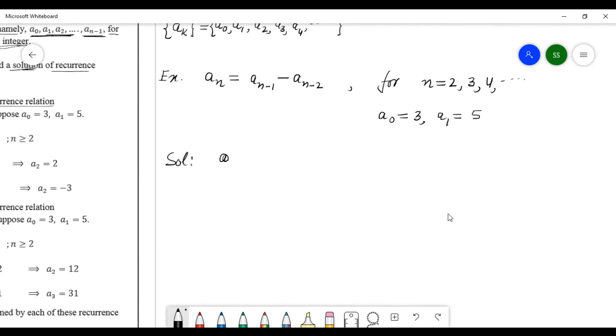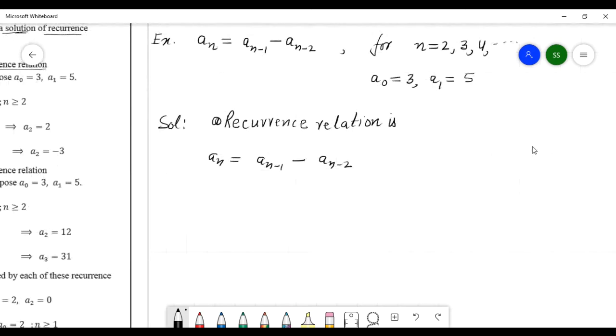This is called the recurrence relation: a_n equal to a_(n-1) minus a_(n-2).